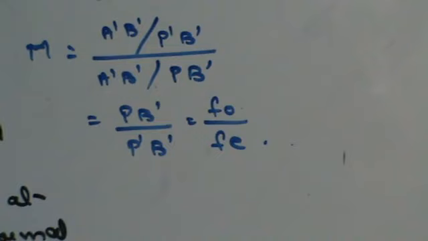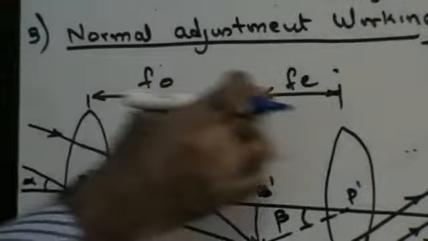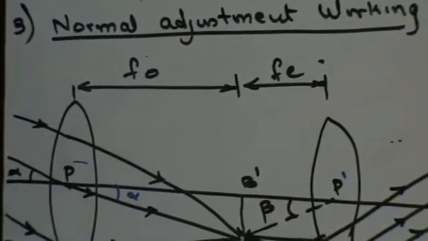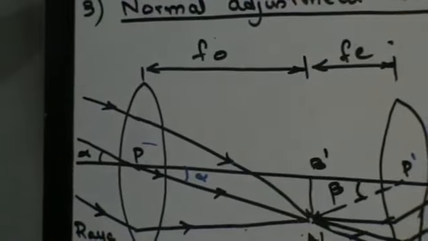Where F0 I already told you is the focal length of the objective and Fe is the focal length of the eyepiece. So in normal adjustment, from the figure it's very clear that the distance between the objective and the eyepiece is nothing but f0 plus fe.